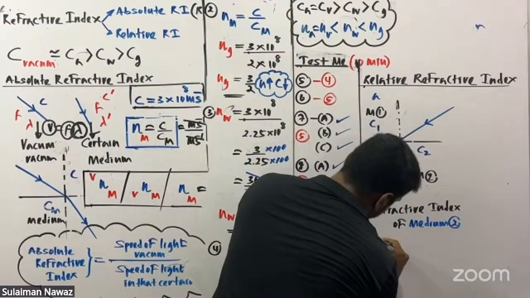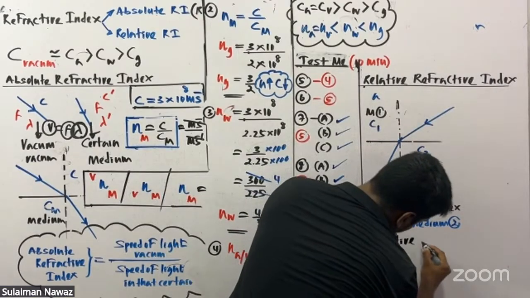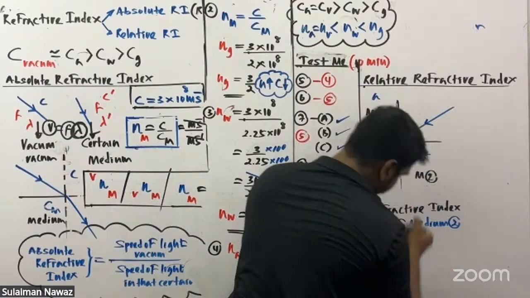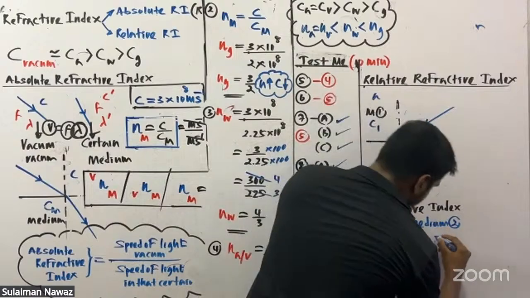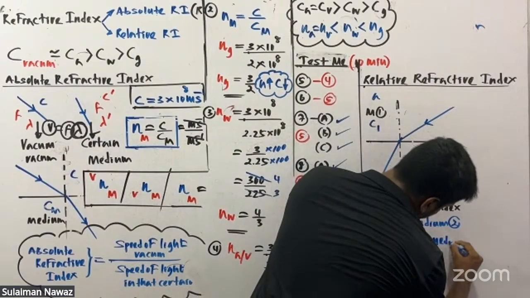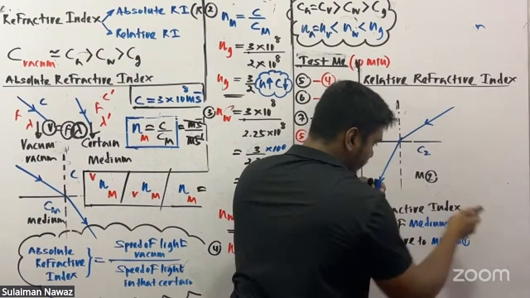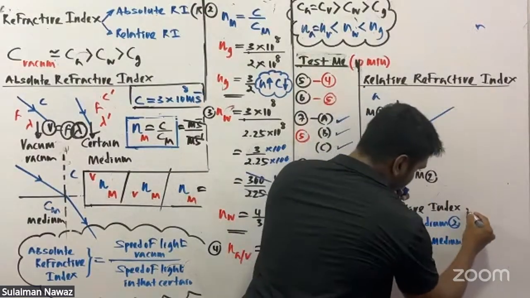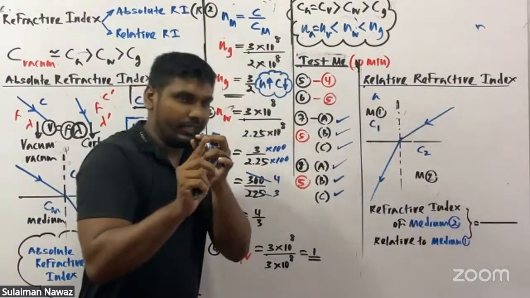How can I write the equation? It is equal to what? The referring medium, relative to what medium?